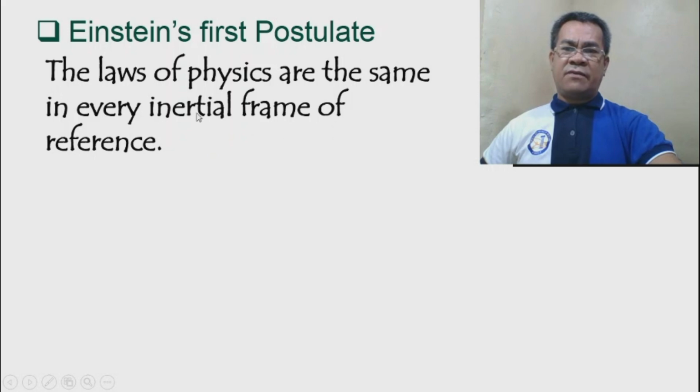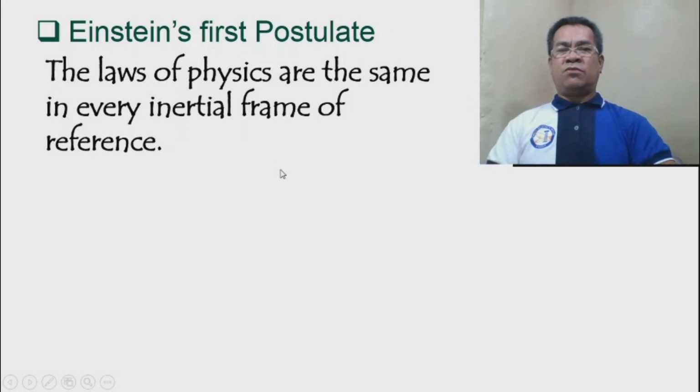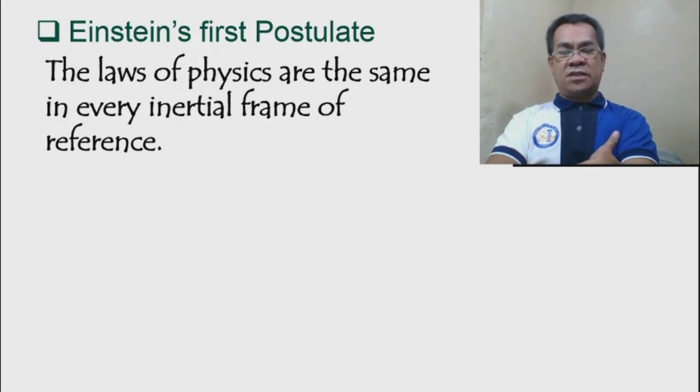Now, when we say inertial frame of reference, this is a reference point where it is assumed that the acceleration is 0. So, when we say 0, the velocity is constant, or it may be at rest.